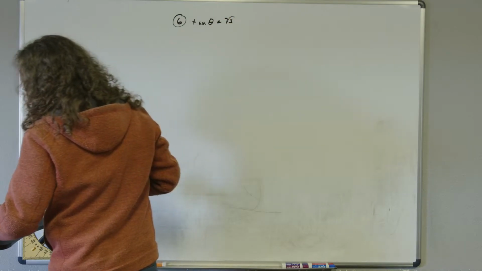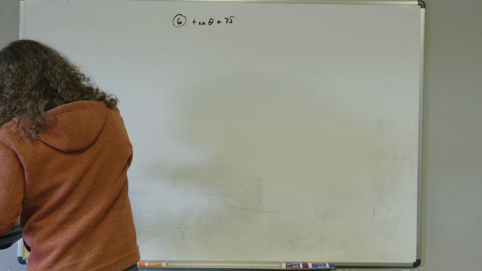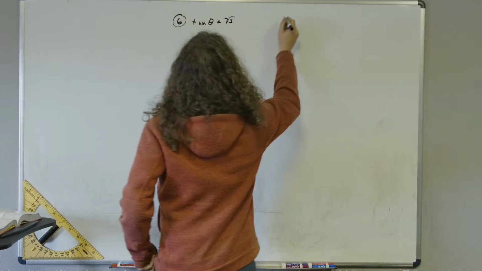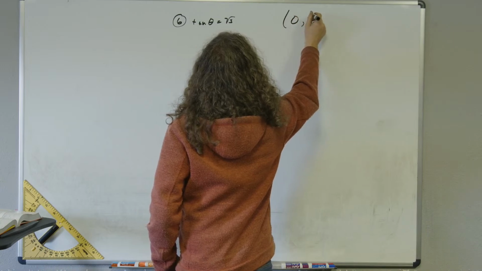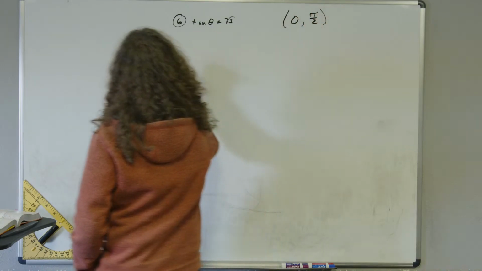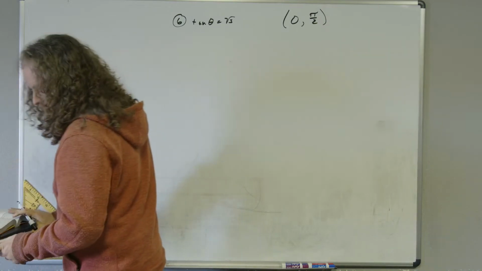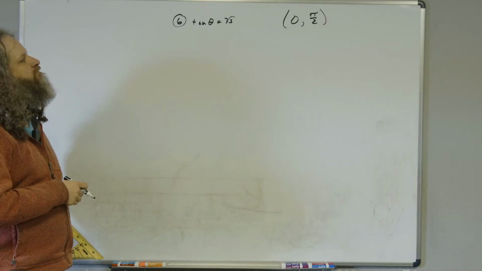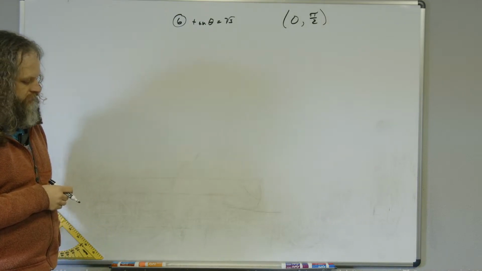We're supposed to find all those other things between 0 and pi over 2. We can, no, stop, go back. Okay, what should we do? We should make a group.